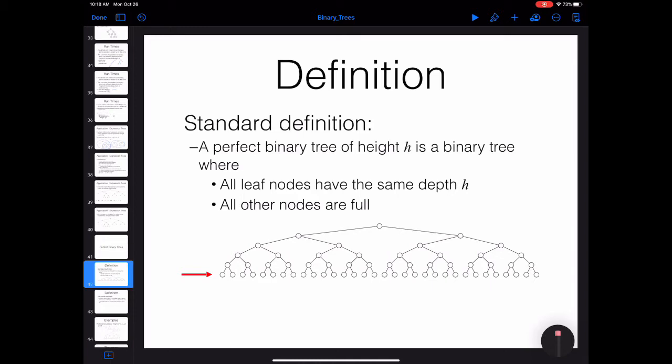This looks like the example that you can see. All of the leaf nodes are at the same depth, the depth of all of them is h, and all other nodes are going to be full.